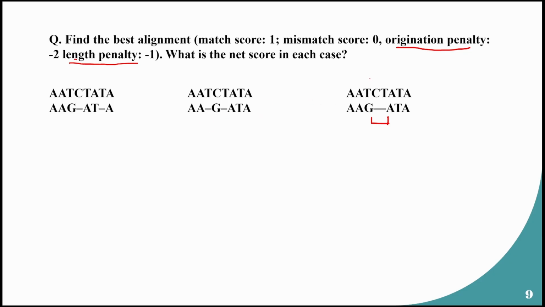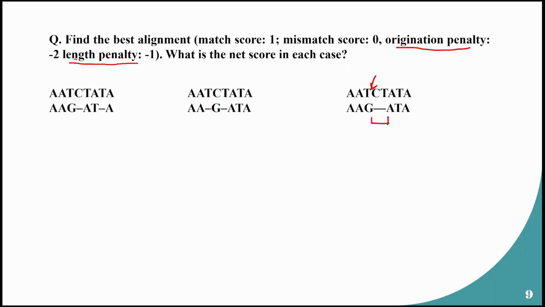After this T versus G, there was a gap at the place of C. But then at the next place, when you have the T, the same gap kind of continued. You can think of it in that way. So no new gap was introduced in this case. So in this case, you will have 2 length penalties as well as 1 origination penalty for the gap that was beginning at this particular position, the arrow position.